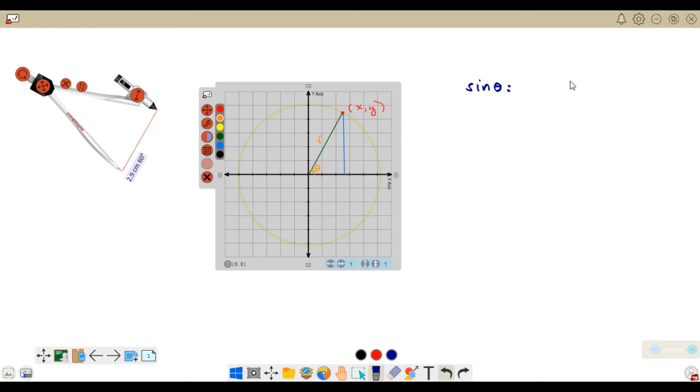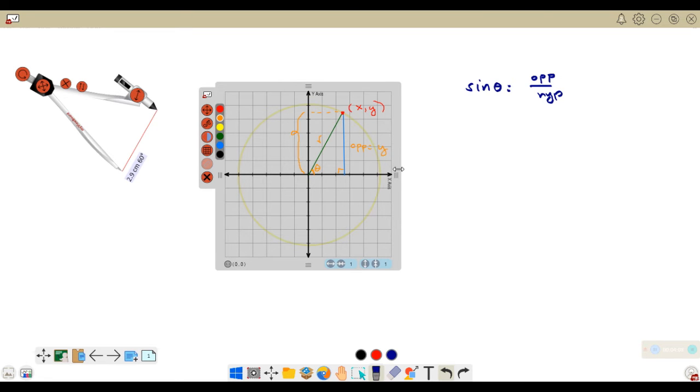Specifically for sine theta, since this is equal to opposite over the hypotenuse, and we follow the property that from the point xy on the terminal side, you will draw a line perpendicular to the x-axis. Ibig sabihin, ito ay 90 degrees. So, you are going to have a right triangle. If we are finding the trigonometric function value for the sine theta, the opposite will be equal to the height of your triangle, which is equal to yung total na length niya from the center or the origin up to the point y.